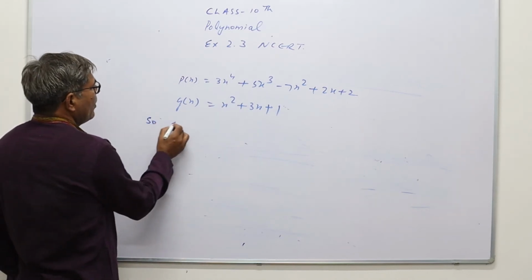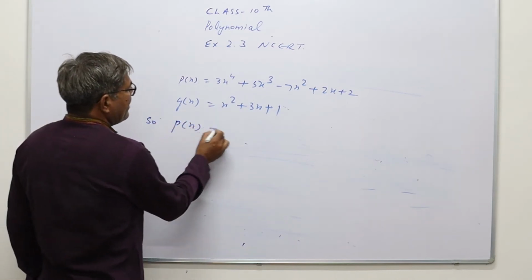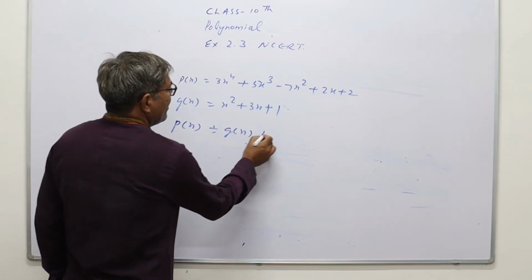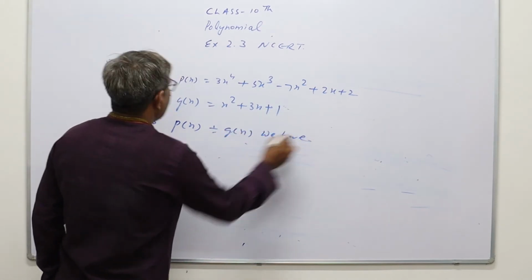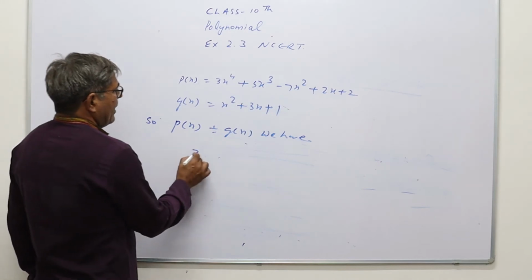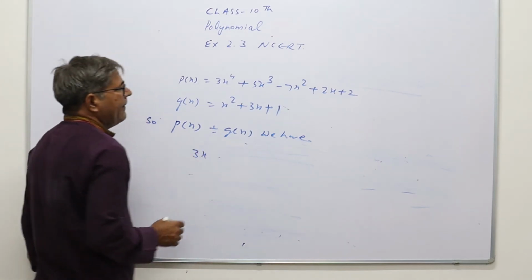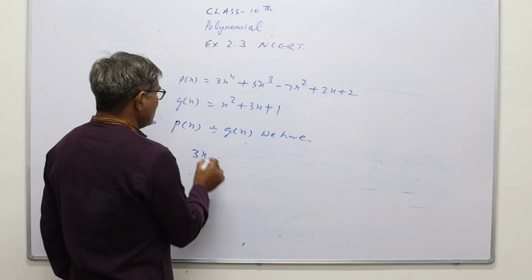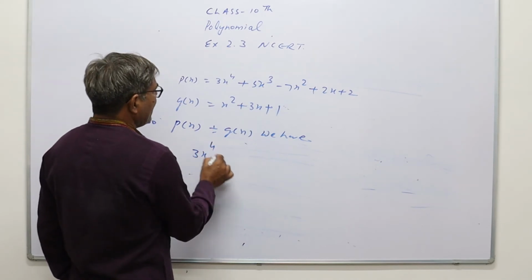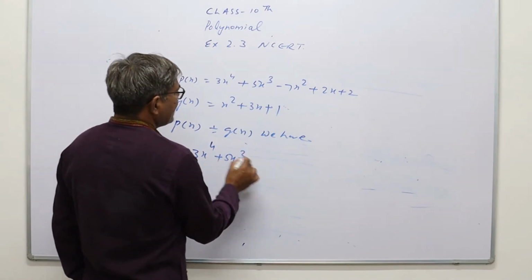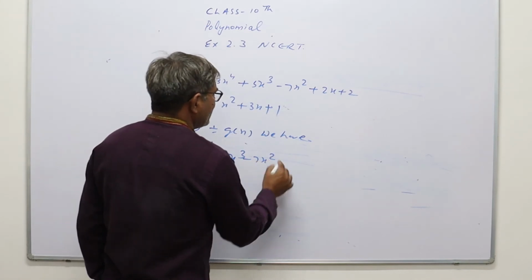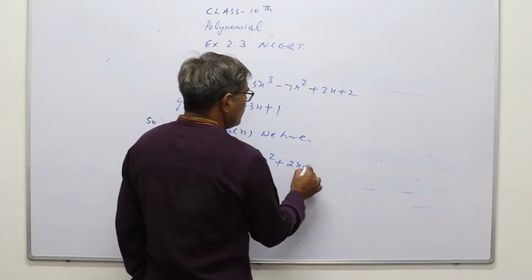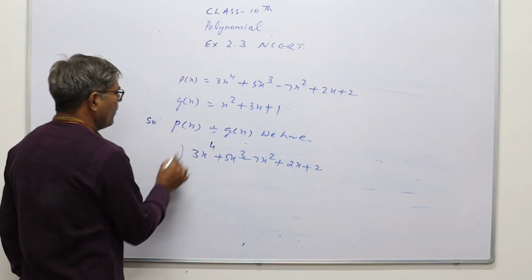So p(x) divided by g(x), we have to write p(x) in decreasing order of the degrees. So first term 3x power 4, 5x cube minus 7x square plus 2x plus 2.